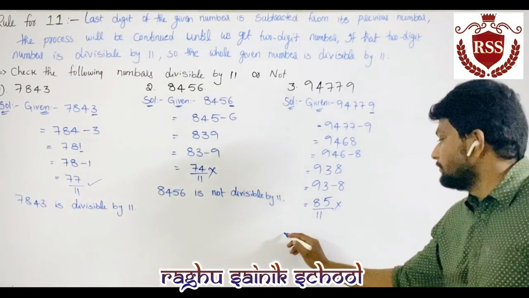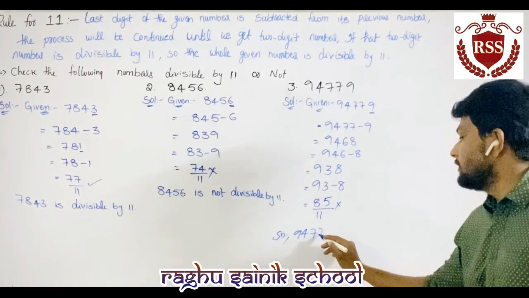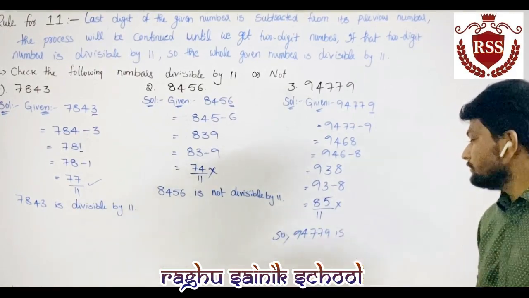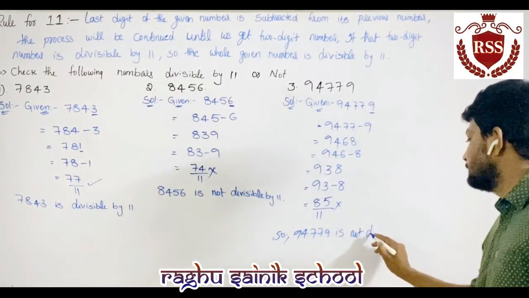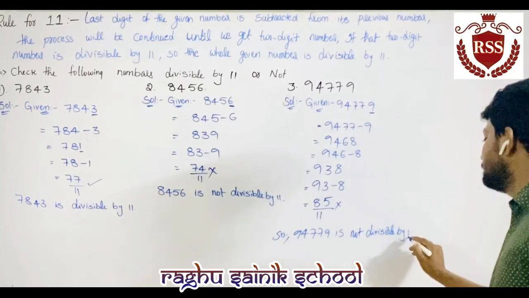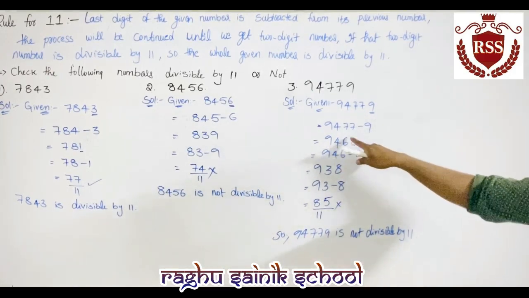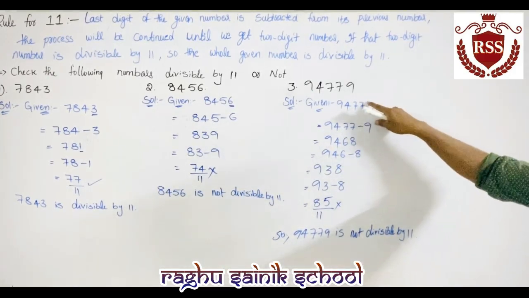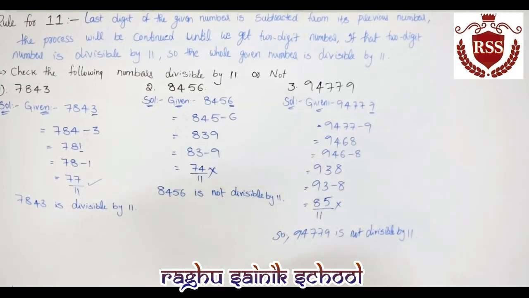So 94779 is not divisible by 11. To recap, 9 is subtracted from its previous numbers and it will be 9468.